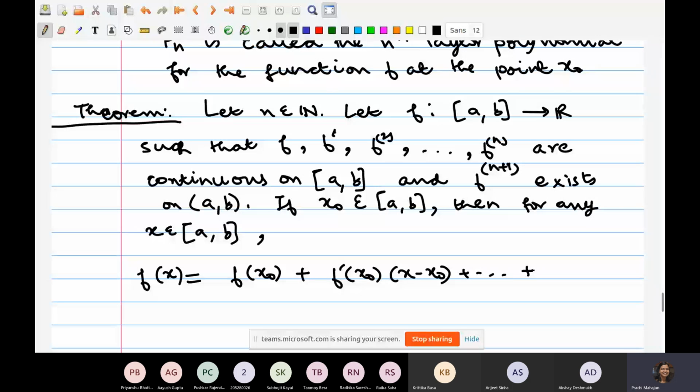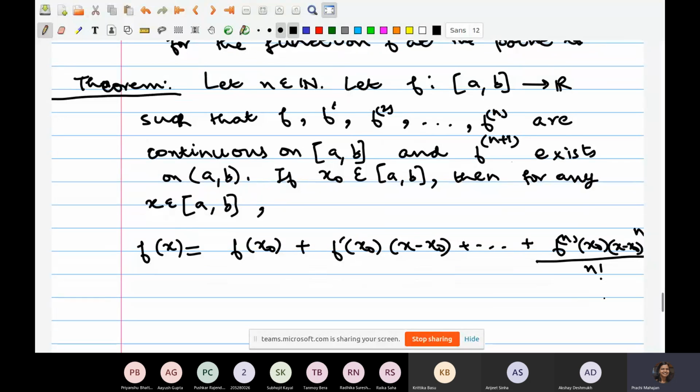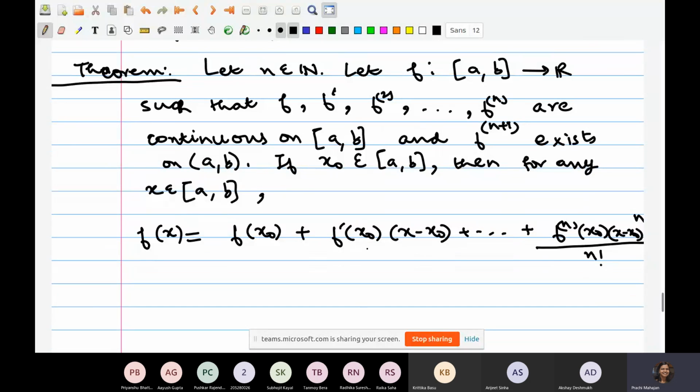I am writing the nth Taylor polynomial of f at the point x naught. This is a polynomial, and all of these derivatives are evaluated at x naught. Please note that. And then you have the (n+1)th derivative of f evaluated at some point c.